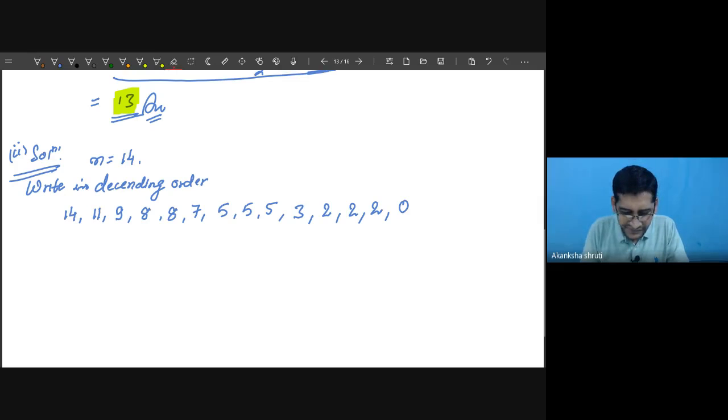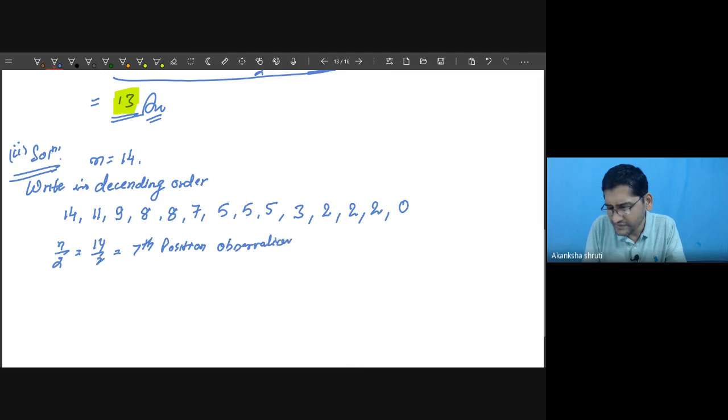Then now you have to calculate the position. Which position? n by 2 is equal to 14 by 2, the 7th position data or observation. This we have to take.